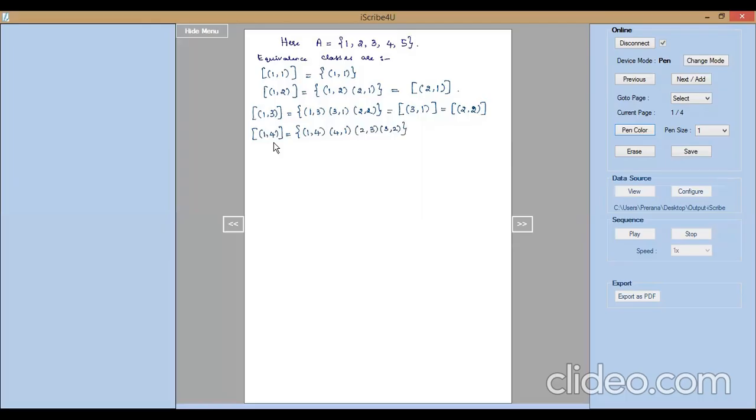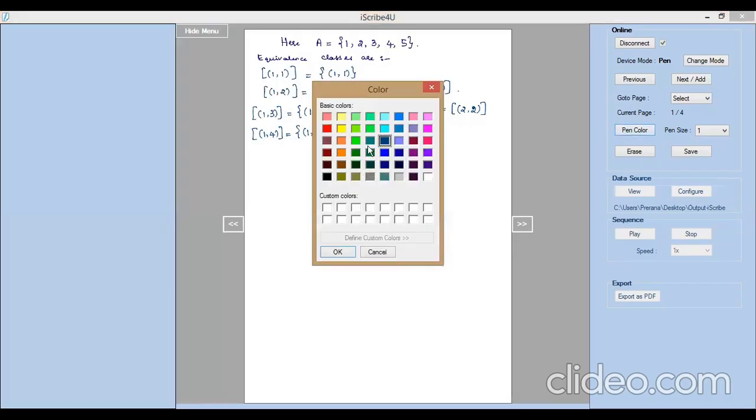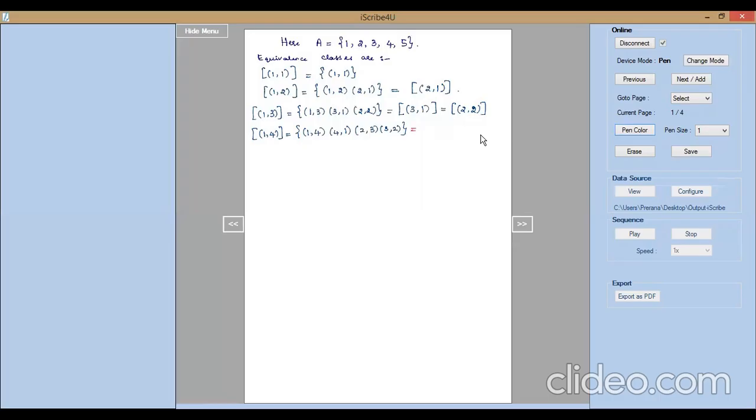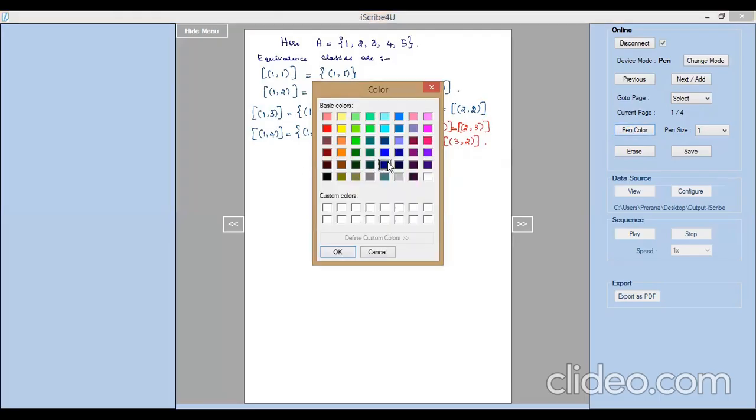So this is the same as the equivalence class of 4, 1, and it is the same as the equivalence class of 2, 3, and also the equivalence class of 3, 2, right?